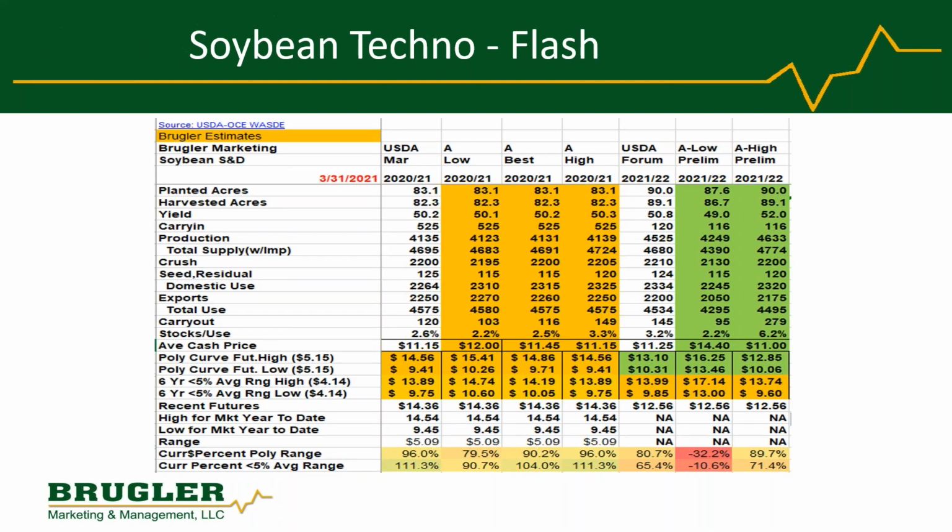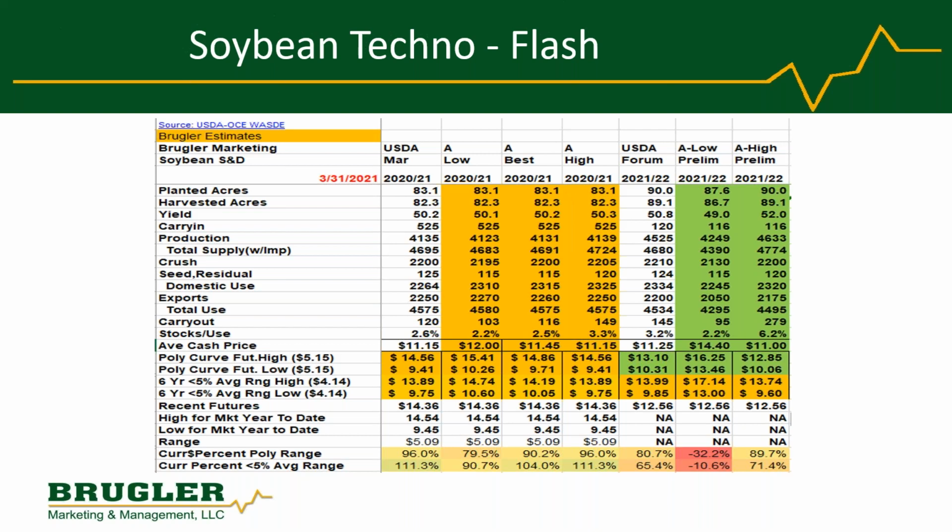And this is the one that takes a little bit of time. Again, the March WASDE report is in white on the left-hand side, and the A best column is where we think they're at today based on this grain stocks report. We still have that same crush number, 2.2 billion bushels.